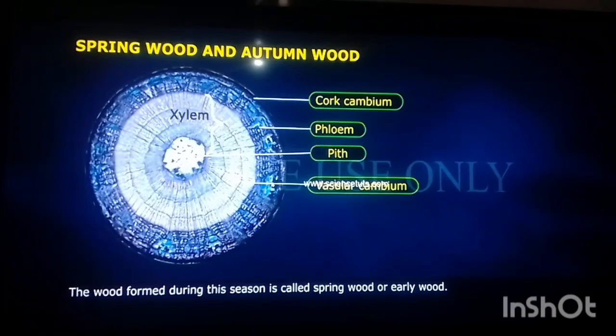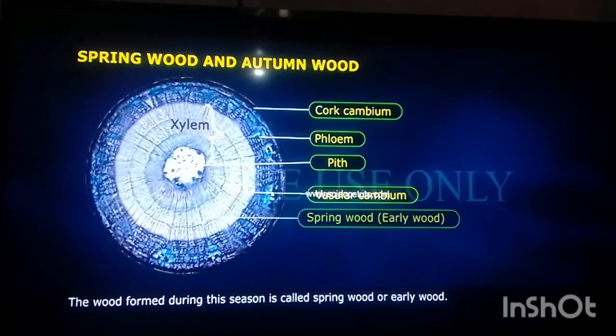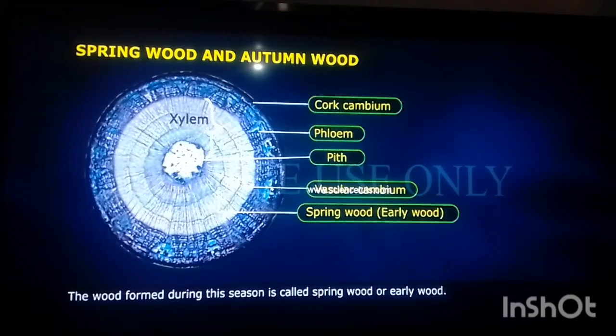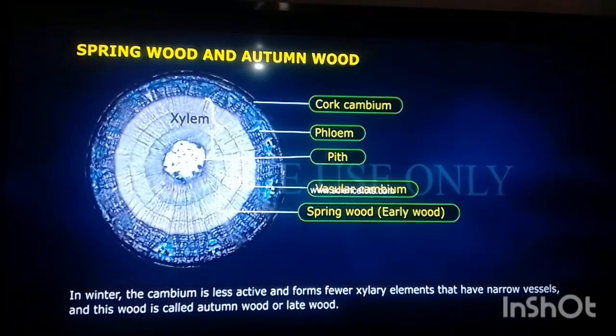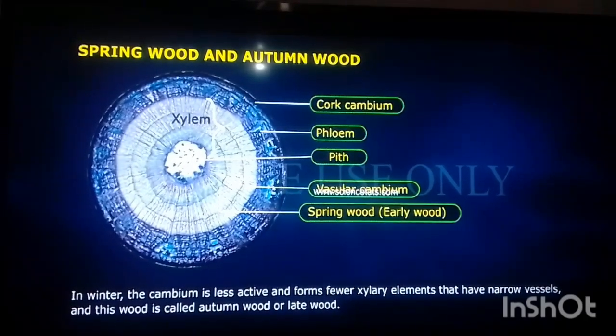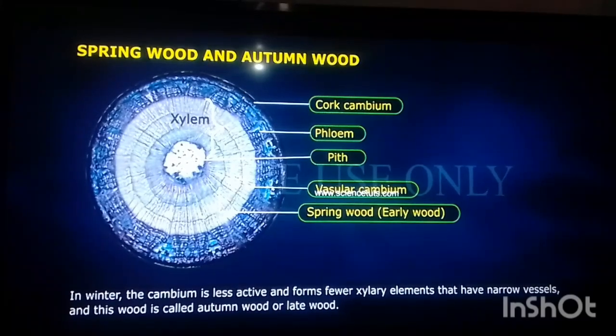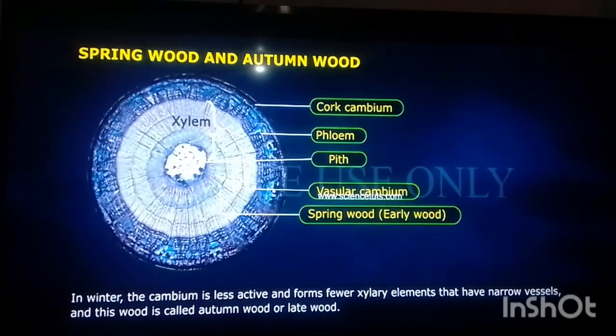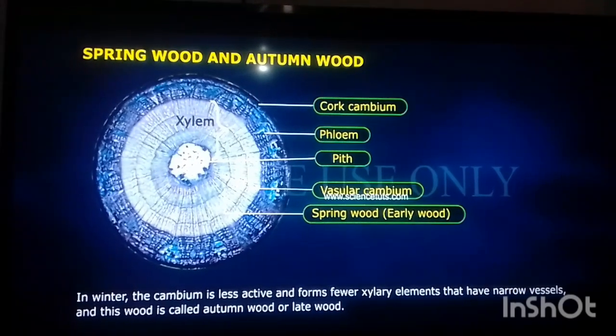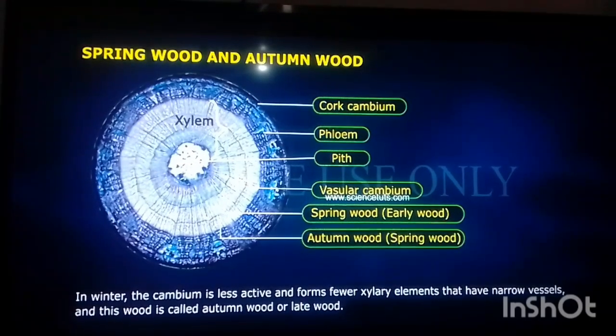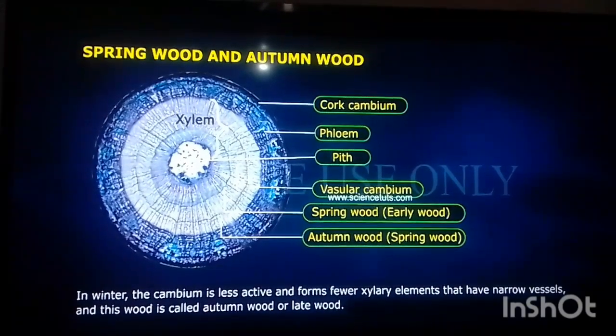The wood formed during this season is called springwood or early wood. In winter, the cambium is less active and forms fewer xylary elements that have narrow vessels, and this wood is called autumnwood or late wood.